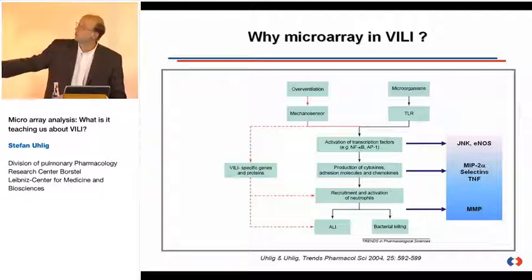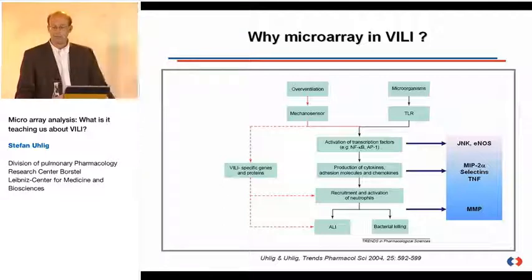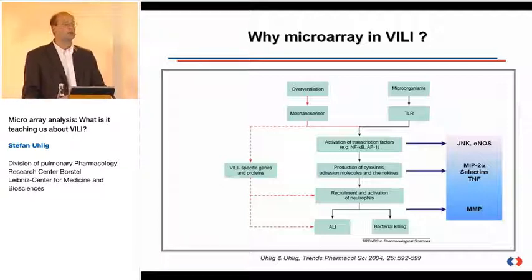Then, of course, these transcription factors lead to the production of products, so of cytokines, adhesion molecules, chemokines, and examples of that that have been shown to be important in animal models of ventilator-induced lung injury are the MIP2, which is a chemokine similar to the human interleukin-8, selectins, so adhesion molecules, and tumor necrosis factor. And then this leads finally to the recruitment and activation of neutrophils. So in all those animal models of ventilator-induced lung injury, or most of them at least, finally you have invasion of neutrophils into the lung tissue.